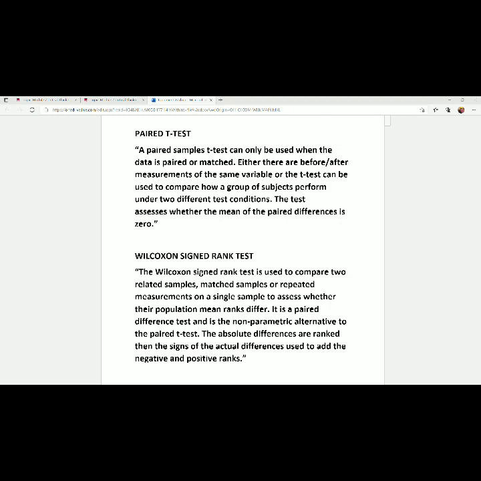If you're comparing the average difference between paired samples and the dependent variable is scale and the independent variable is time/condition variable, the parametric test would be the paired t-test, and the non-parametric test would be the Wilcoxon signed rank test.